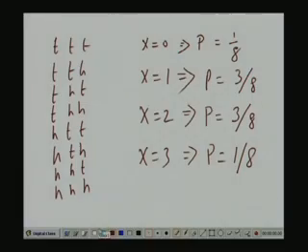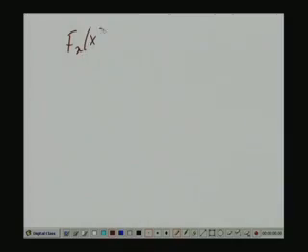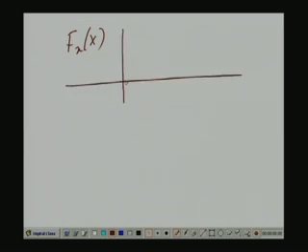Okay. So, let us consider this. X taking the value 0, it has got probability 1 by 8.